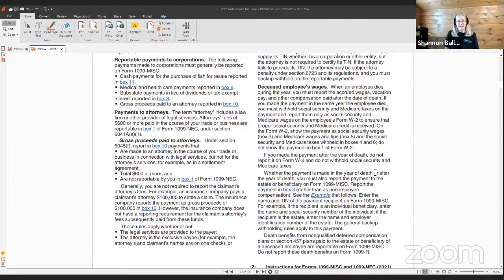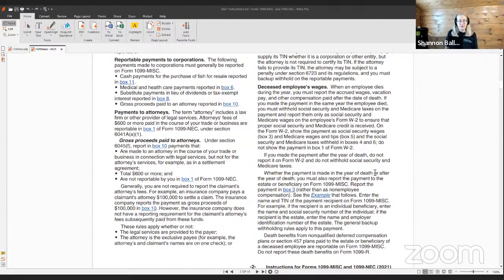Gross proceeds paid to an attorney under Section 6045F are reported in box 10 for payments that 1, are made to an attorney in the course of your trade or business connected with legal services, but not for the attorney's services, for example, as a settlement agreement; 2, total $600 or more; and 3, are not reportable by you in box 1 of Form 1099 NEC.